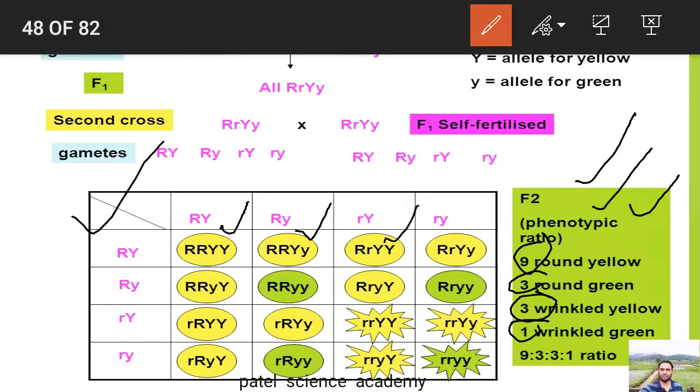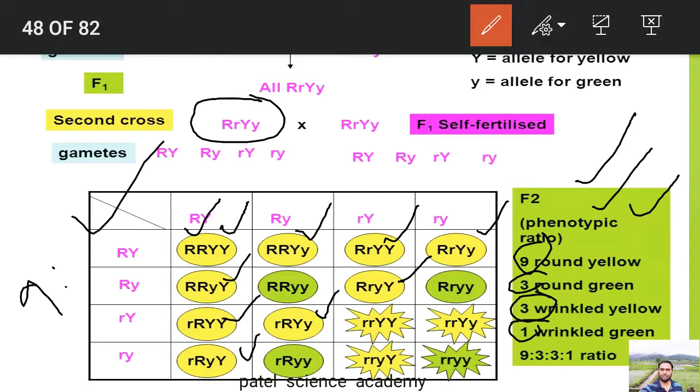This yellow color is indicating the yellow round, which is 9 in number, in which either both R will be capital or one R will be capital, and either both Y will be capital or one Y will be capital. If that condition is there, it will definitely be yellow in color and round in shape.